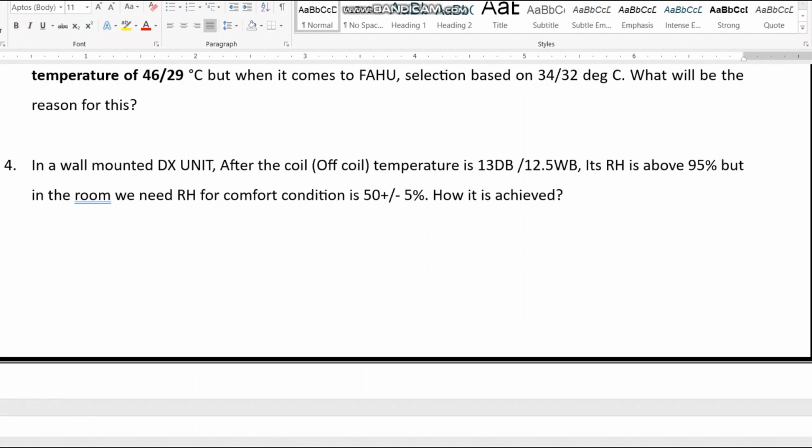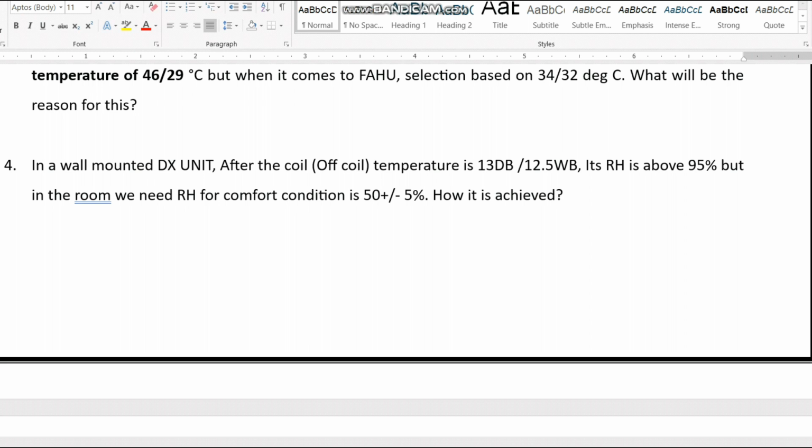Our fourth question is: in a wall mounted DX unit, after the coil, you can say off coil, the temperature is 13 degree dry bulb and 12.5 degree wet bulb. Its relative humidity is above 95%. But in the room, for human comfort we need RH of 50% plus or minus 5%.